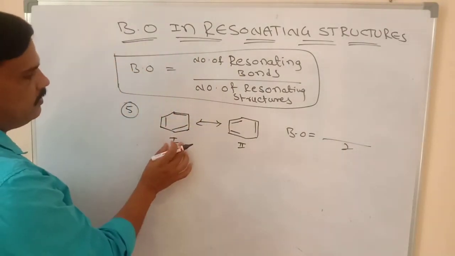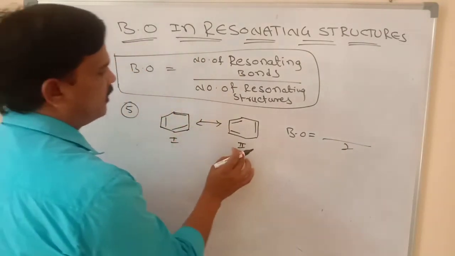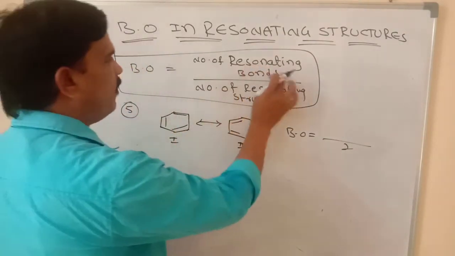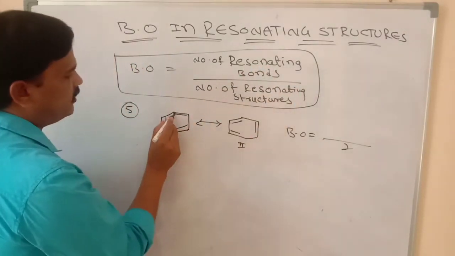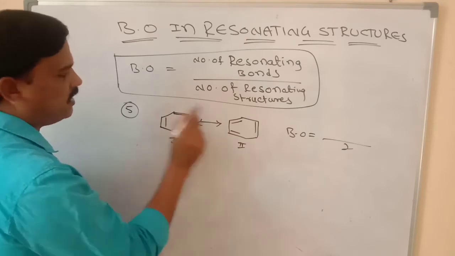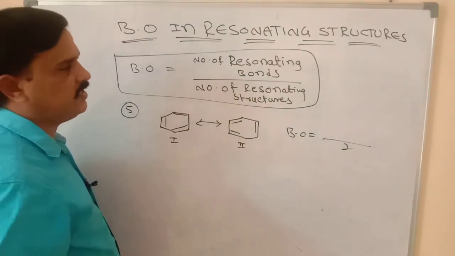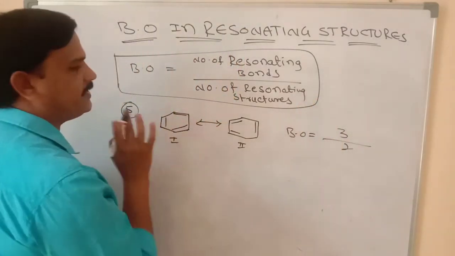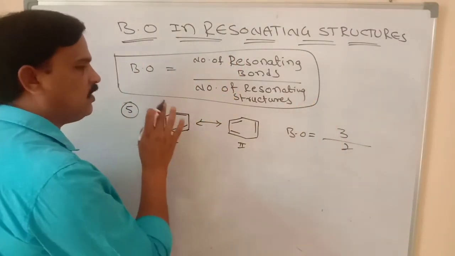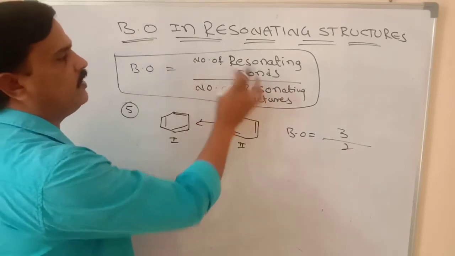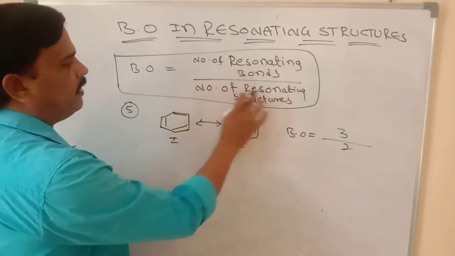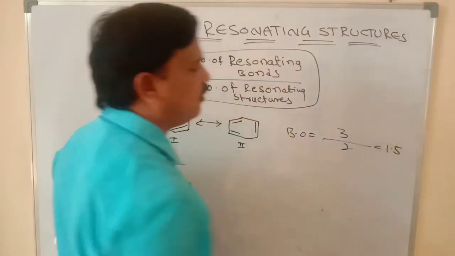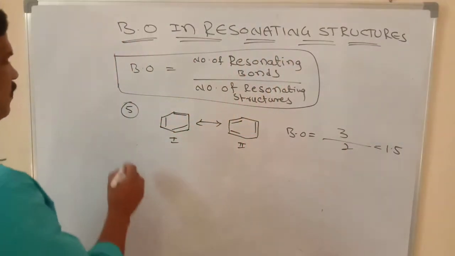So in benzene, the number of resonating structures is 2. The number of resonating bonds: in benzene only 3 bonds are continuously resonating, so the resonating bonds are 3, not all the remaining 6 bonds. In a cyclic structure, only the moving bonds count as resonating bonds. So divided by the number of resonating structures, 2, its bond order is 1.5.